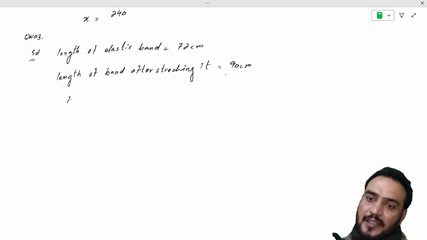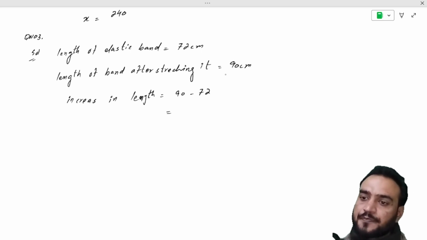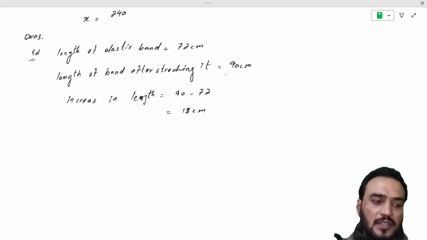So increase in length is equals to 90 minus 72, which is equals to 18 centimeter. So this is the increase in the length of elastic band, 18 centimeters.